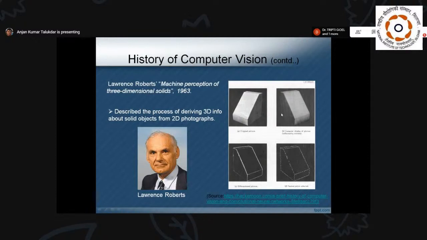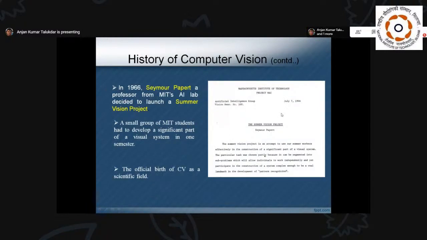Then in 1966, Seymour Papert, a professor from MIT's AI lab, decided to launch a summer vision project. He asked a small group of MIT students to develop a significant part of a visual system in one semester. Basically, he asked them to segment the foreground object from the background and to recognize it.